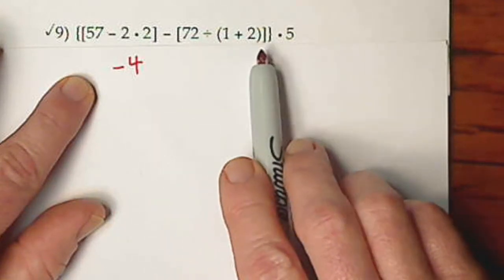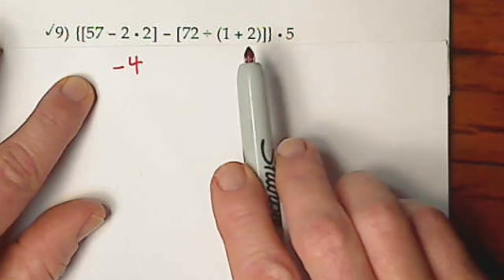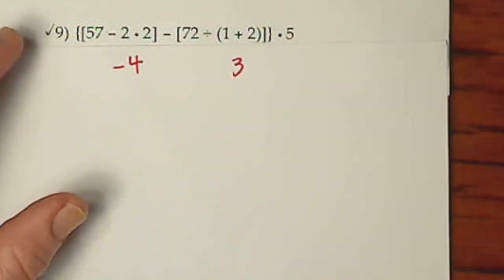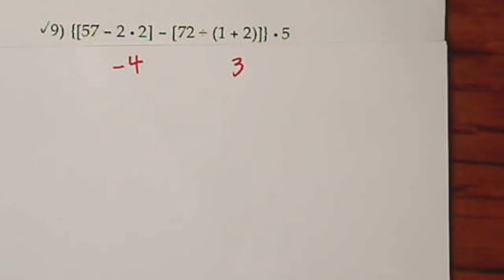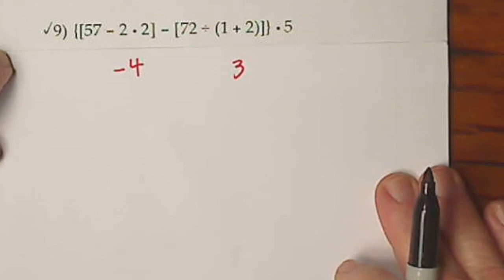Within parentheses, you have an embedded set, so you go to your deepest set first. Signs are the same, you add and keep your sign. And now I'll bring down everything that I haven't touched. Let's see if we can keep this straight here.